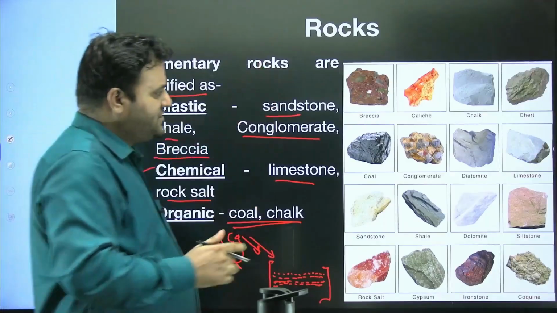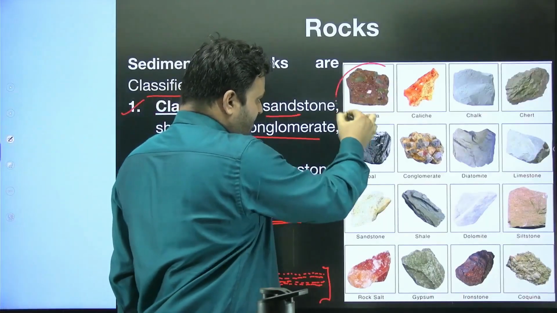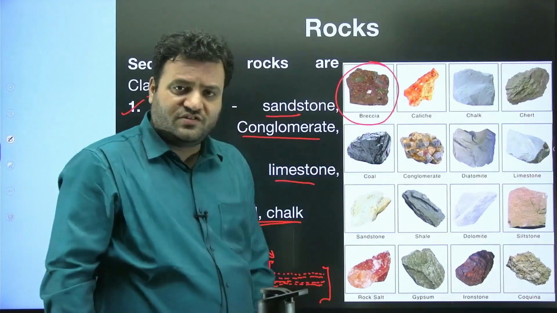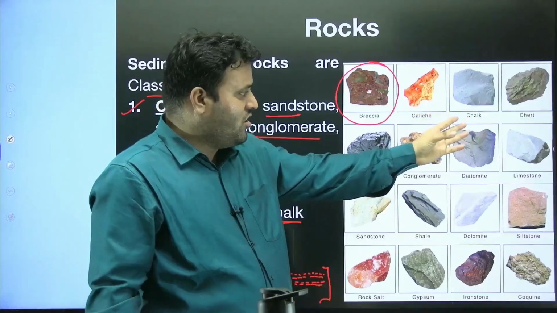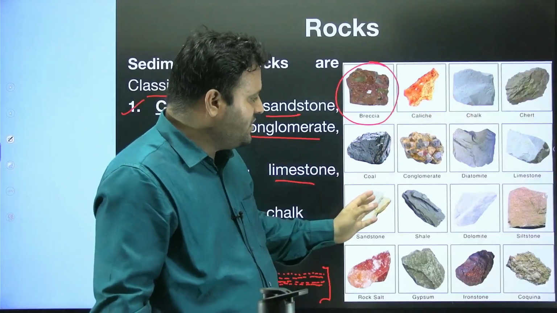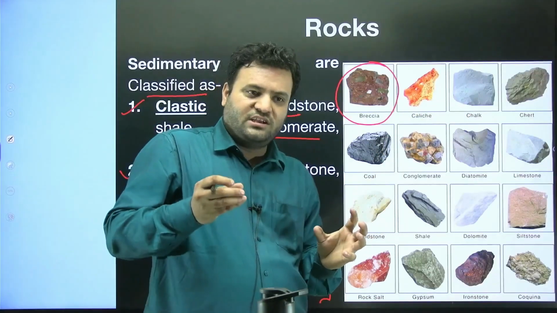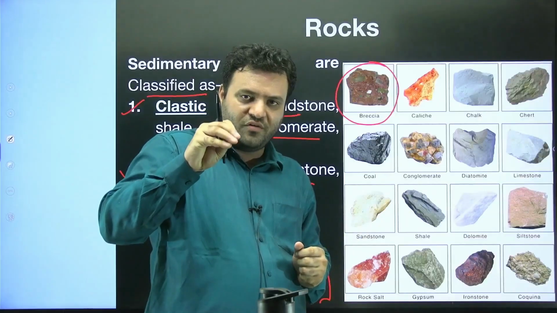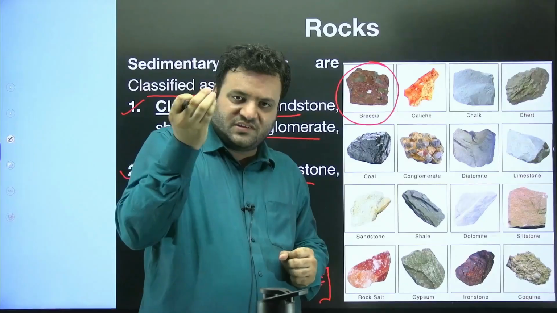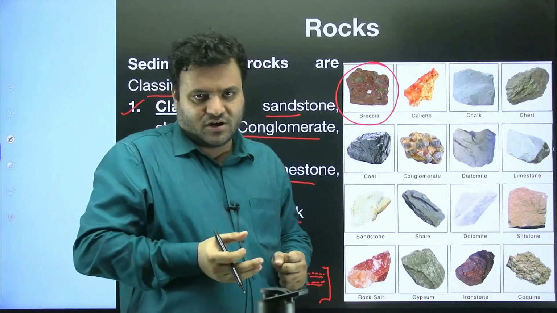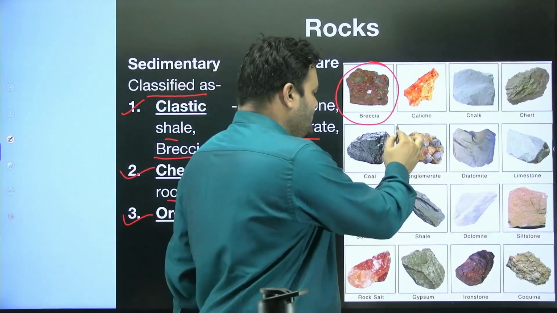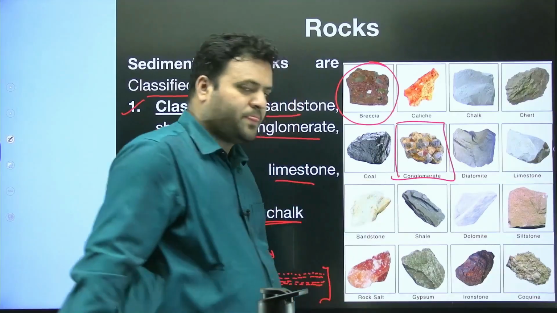So we have breccia, which is an example of sedimentary rock. Then we have chalk, chert, and coal. You might have seen some big pebbles, smaller granules, and some silica kind of content. That is collectively known as conglomerate.